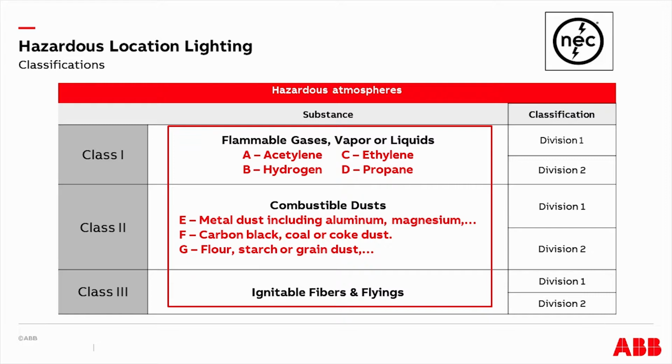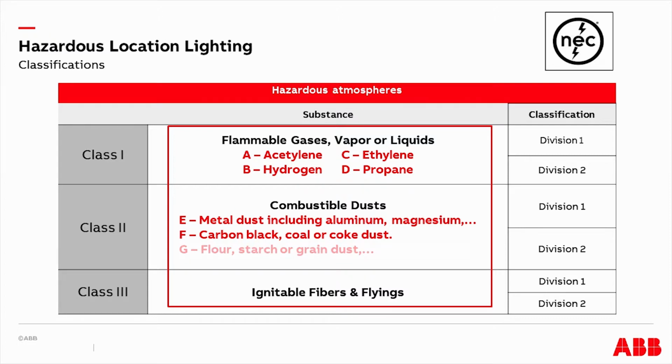Class 2 is split into three groups based on the ignition temperature and the conductivity of the hazardous substance. Class 2 locations are divided into groups E, F, and G. Group E consists of combustible metal dust including aluminum or magnesium. Group F defines an atmosphere containing carbonaceous dusts such as carbon black or charcoal.